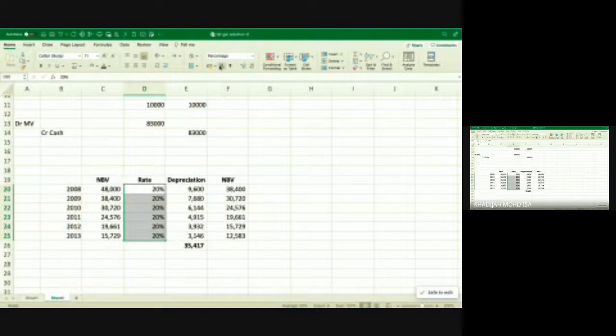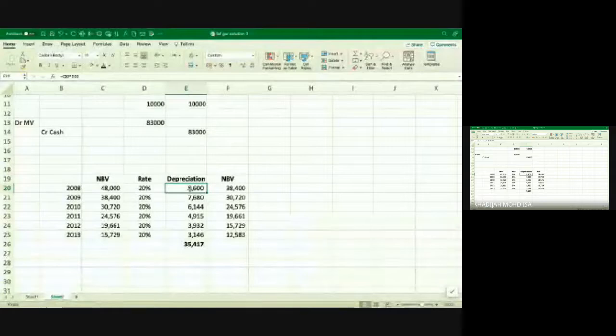So you have to compute the depreciation based on the reducing balance. The depreciation for the first year is 9,006. The net book value is 48,000 minus 9,006, so you have 38,400. This 38,400 will be the net book value for 2009, and based on the 20%, this is the new depreciation for 2009.